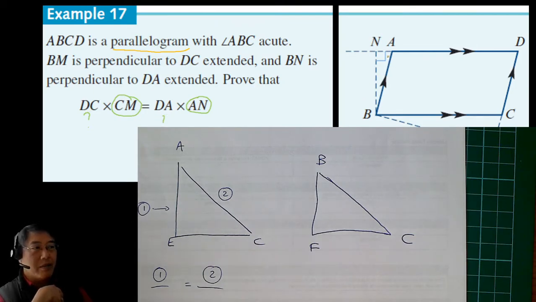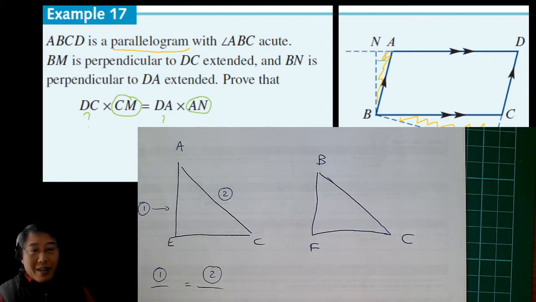I want AB, because I'm going to look at those two triangles here. So forget about the angles for a second, and I'm going back to that parallelogram ABCD.